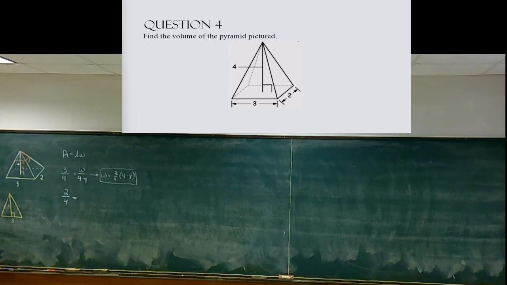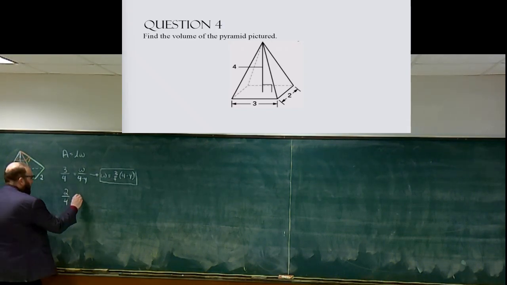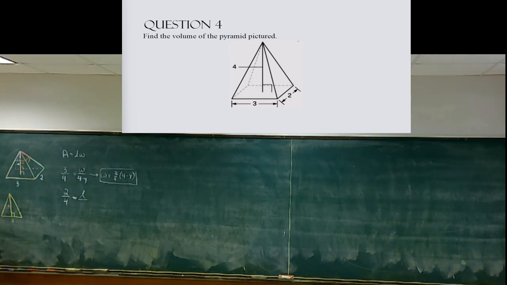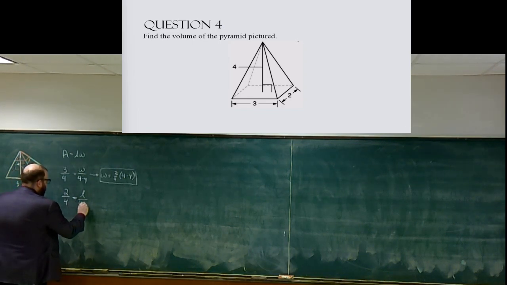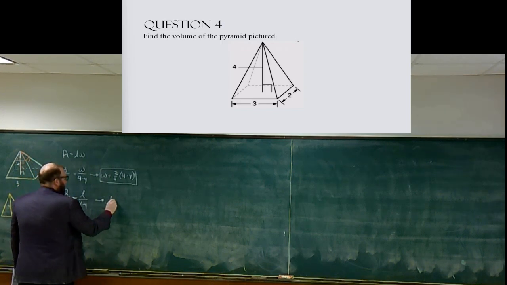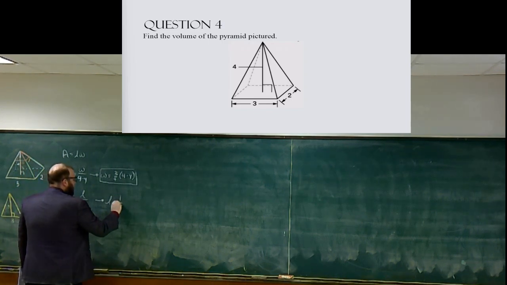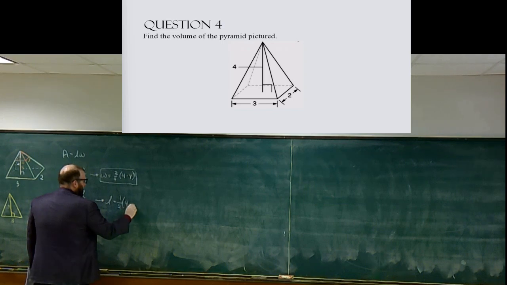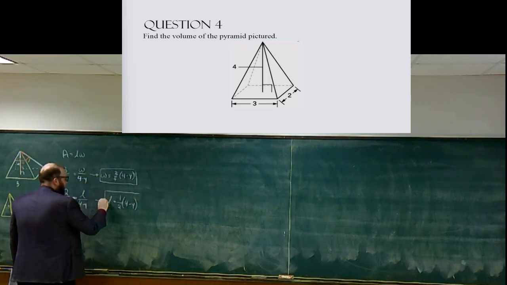The red and the green are similar. What is the base? L. And what is the height? I think it's still 4 minus Y. It's the same. Which means that L is 1/2 of 4 minus Y.